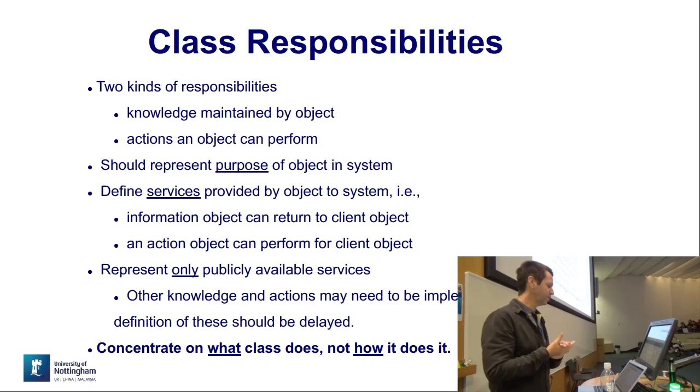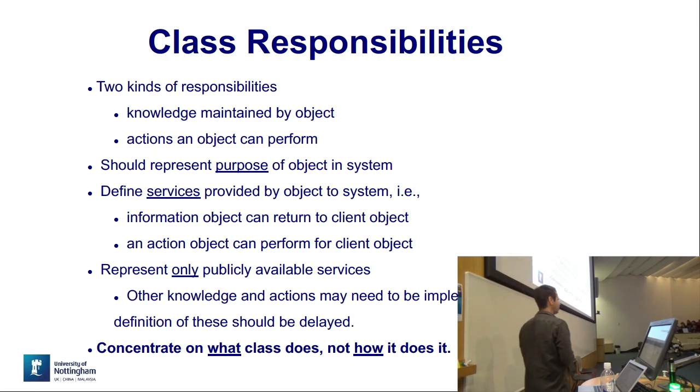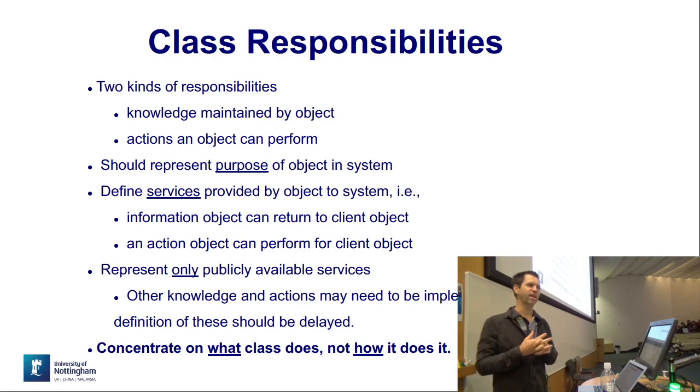So there are two kinds of responsibilities: knowledge maintained by an object and actions performed by an object. So methods, and they represent the purpose of an object or the system. They define services provided by an object to the system. That word system means the application as a whole, the whole program. In your case, it's the snake program.